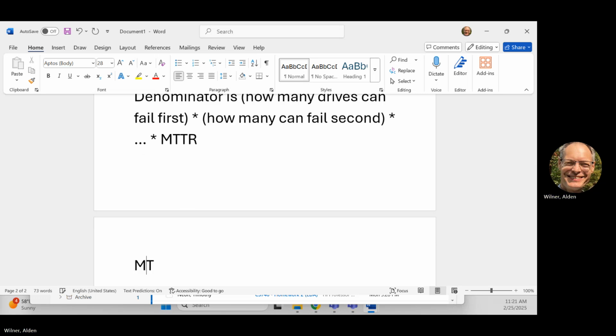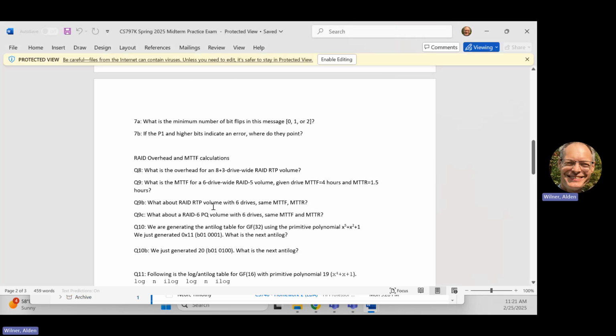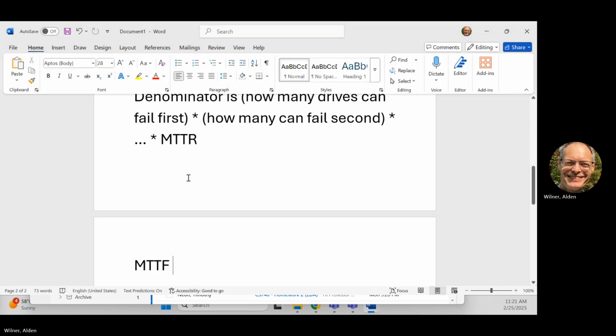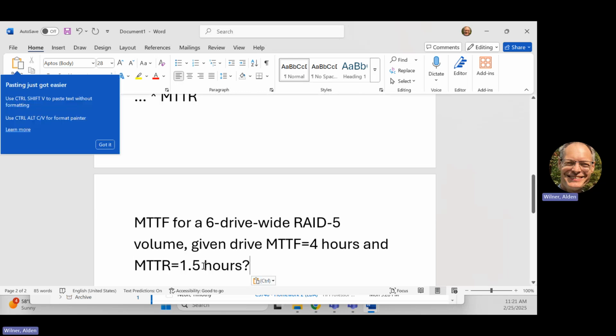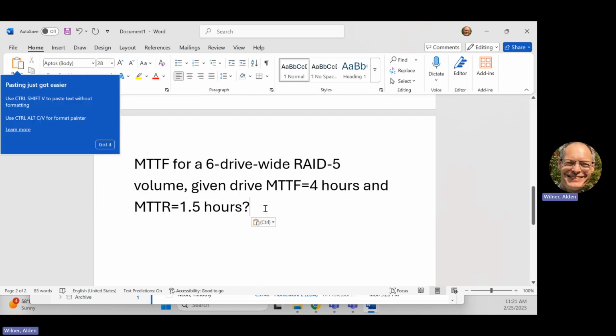MTTF. The question was RAID 5 MTTF for a 6-drive wide RAID 5, given drive MTTF is 4 hours and MTTR is 1.5 hours. So it's a RAID 5. So the numerator is MTTF squared, right?